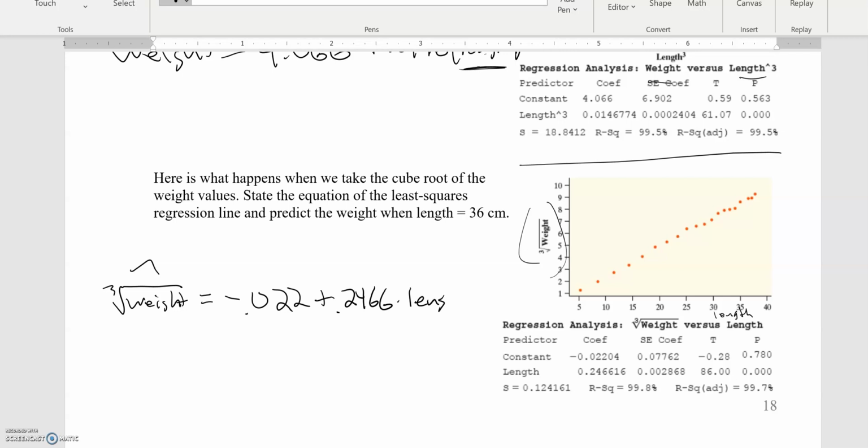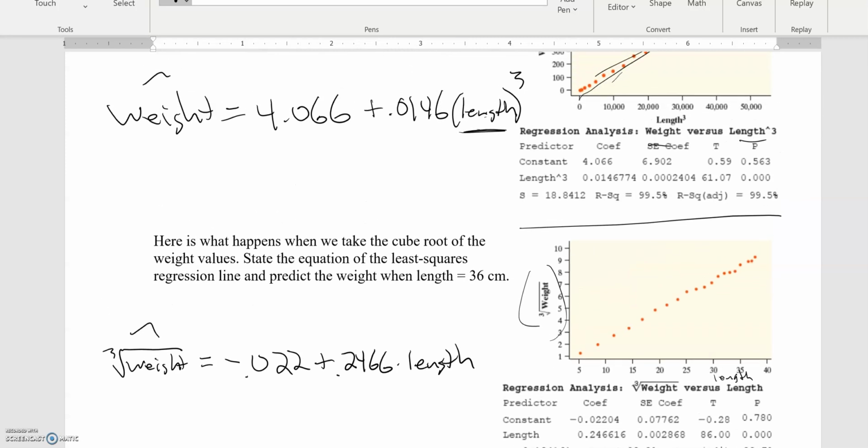There's no exact number of digits. Remember, no calculator needed, so you're not going to be taken off for a certain number of digits or something. So this is another way we could write it.